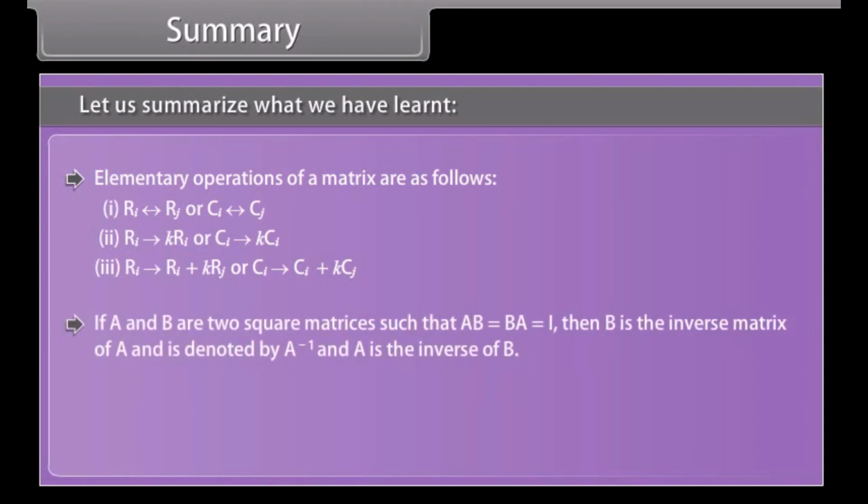If A and B are two square matrices such that AB is equal to BA is equal to I, then B is the inverse matrix of A and is denoted by A inverse, and A is the inverse of B. The inverse of a square matrix, if it exists, is unique.